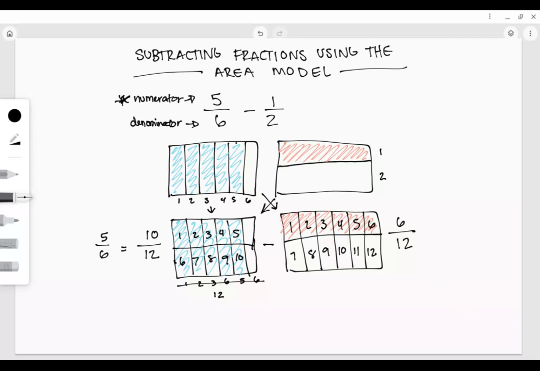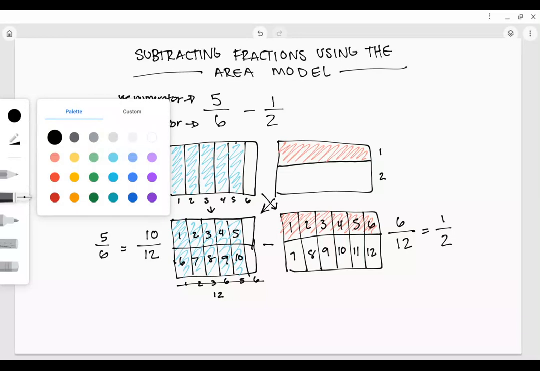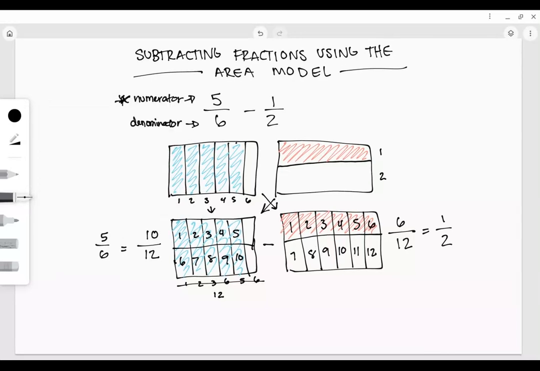So our new fraction is 6/12. And if we know that 10/12 is equivalent to 5/6, that means our 6/12 is also equivalent to 1/2.